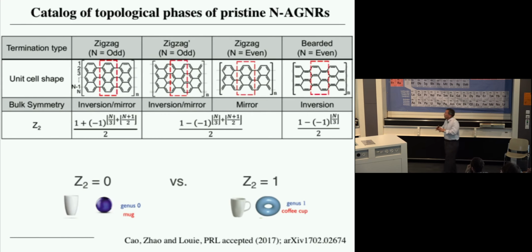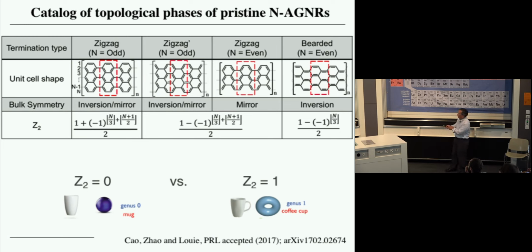In fact, you could completely characterize and categorize the topological invariants of the nanoribbons. For example, here I give the explicit formulas for armchair graphene nanoribbons with different widths. The Z2 invariant depends on whether n is odd and how the system is terminated.